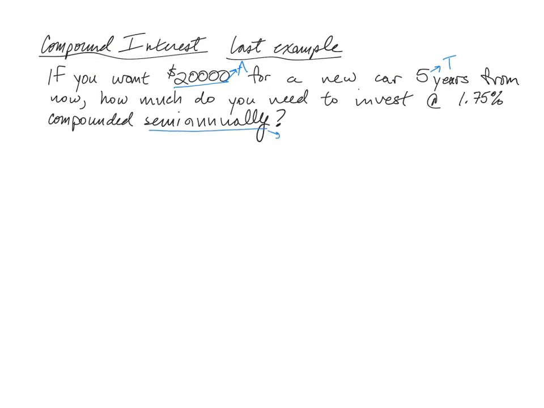Semi-annually tells me N will equal 2. Here we have the R, the nominal interest rate. Sorry, this N is not 2. This is M equals 2. But that's it. That's all the information we need in order to be successful. So if I write down the formula, it's A equals P times 1 plus I to the N power. It seems as though we've got some figuring to do.